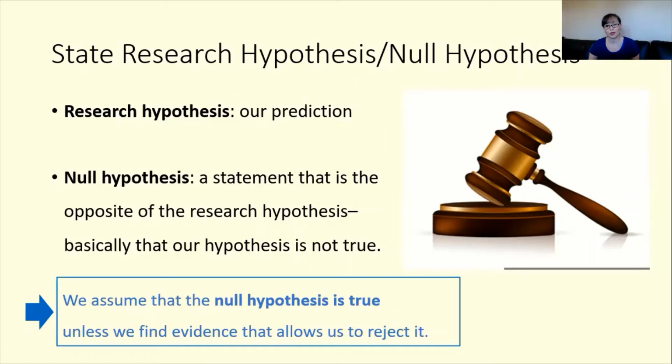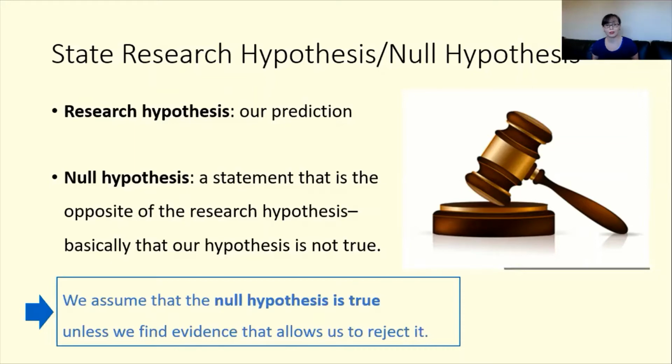When we're doing hypothesis testing, we assume that the null hypothesis is true unless we find evidence that allows us to reject the null hypothesis. I like to think of this as the assumption of being innocent until proven guilty in a court case. Just like in that situation, we need evidence in order to reject that assumption.